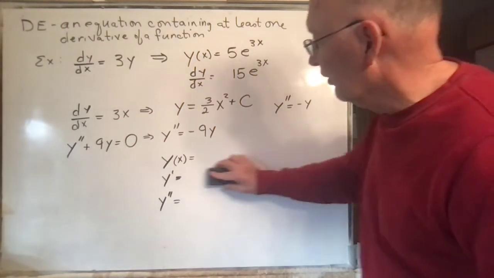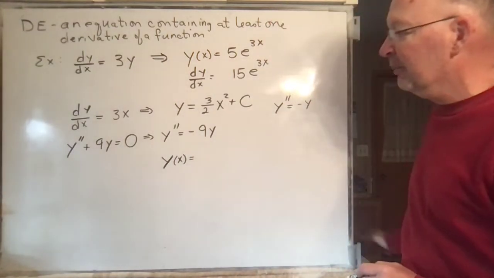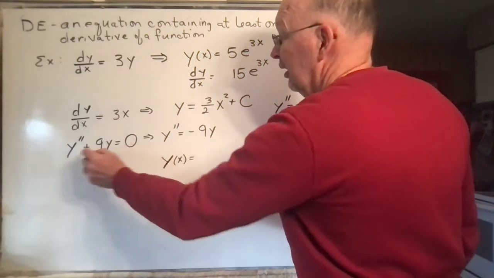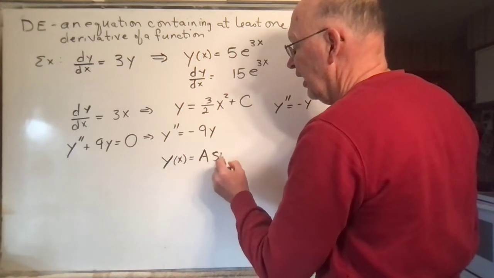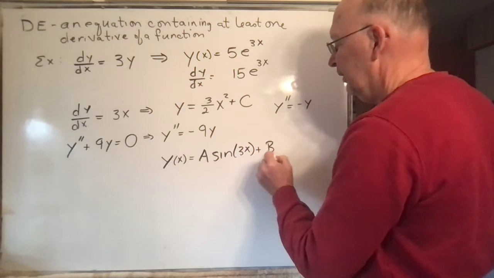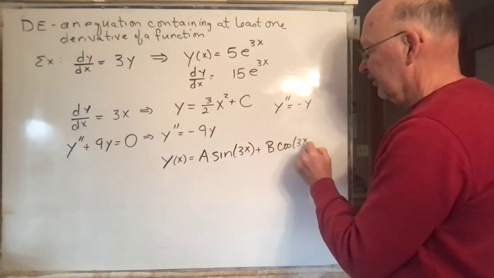the most general solution, and again, I don't want to scare any of you off because it's all stuff we're going to be talking about later, but I just want to point out that the most general solution to this problem is something like this. A sine of 3x plus b, two constants there, cosine of 3x.